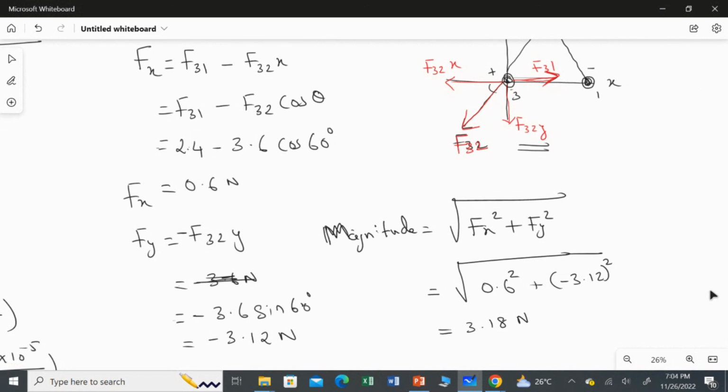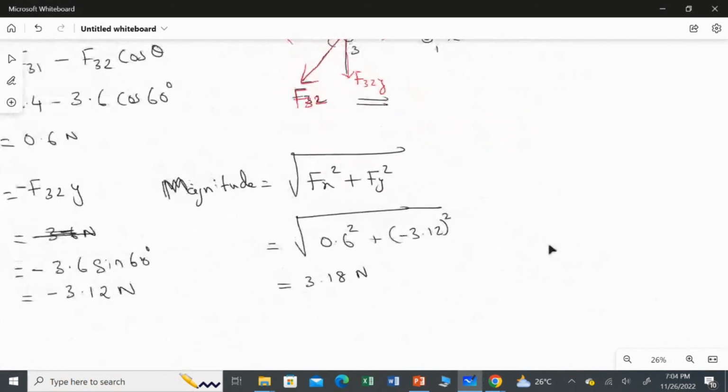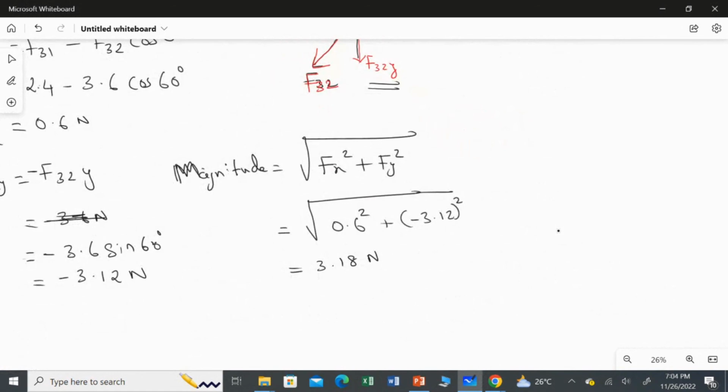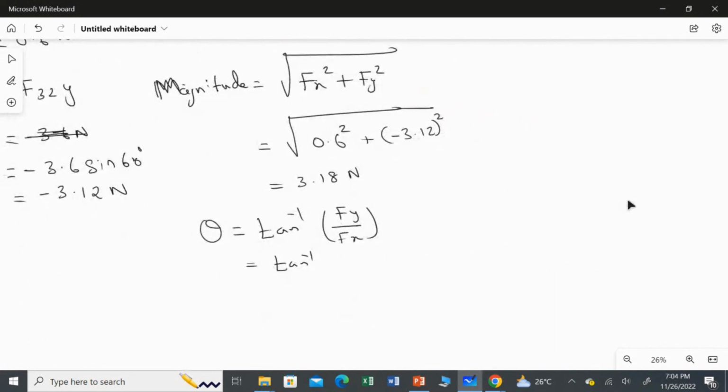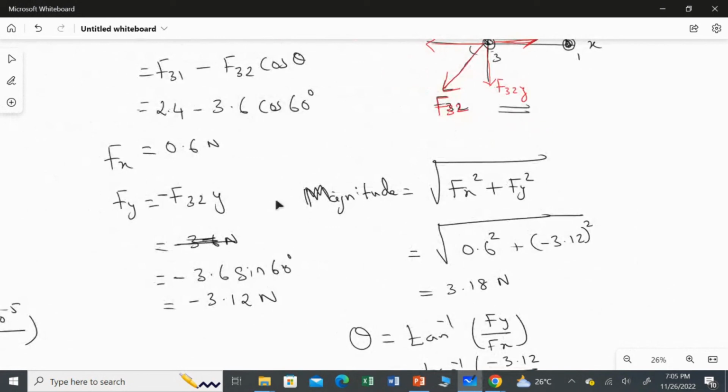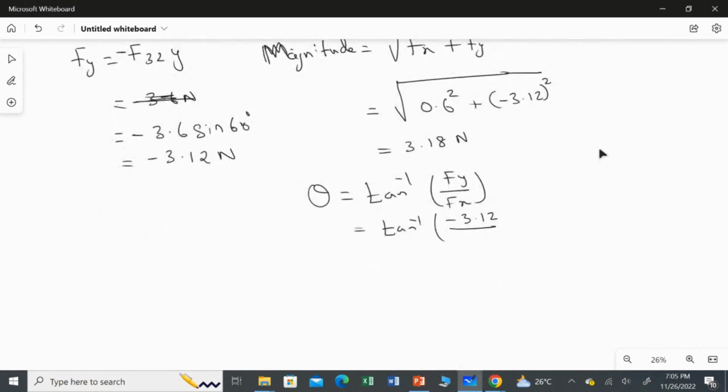Okay, now we have to find the angle also. The angle formula we know, theta equal to tan inverse of F of y over F of x. F of y value is minus 3.12 Newton, right? Over the x component value is 0.6 Newton.